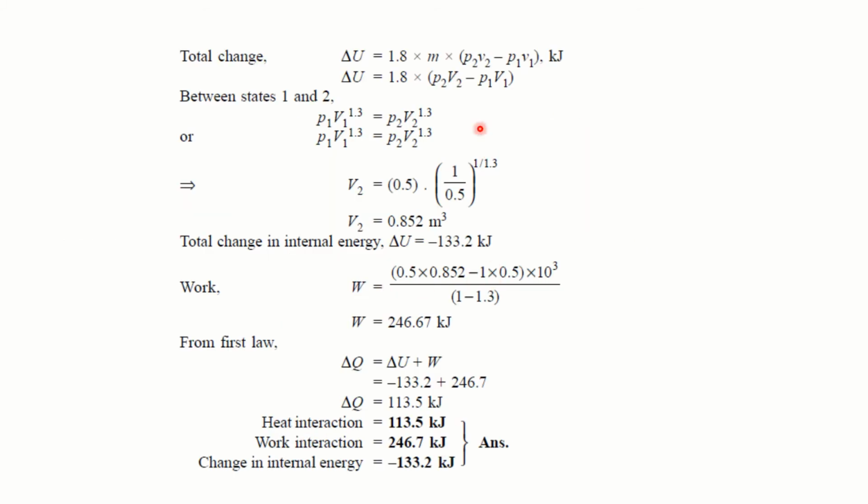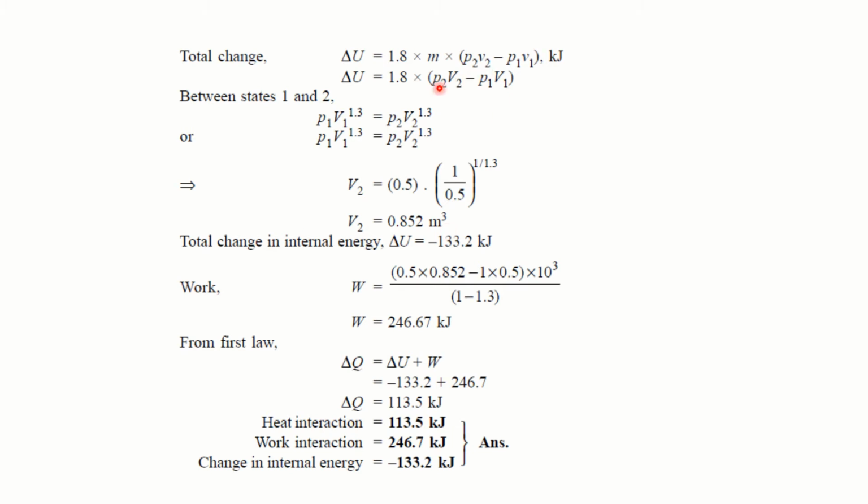For that, what we do is, P1 V1 to the power of 1.3 is equal to P2 V2 to the power of 1.3, because the expansion follows the law PV to the power of 1.3 equal to constant. So if I reorganize and evaluate, substituting the values, I'll get V2 equal to 0.852 meter cube.